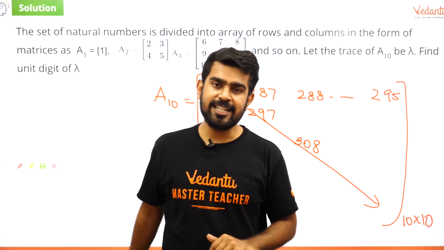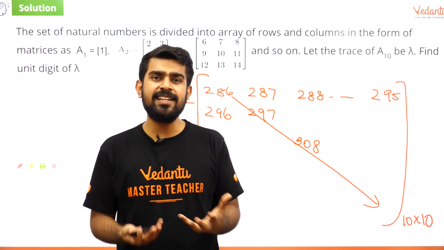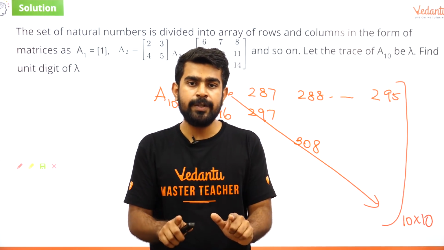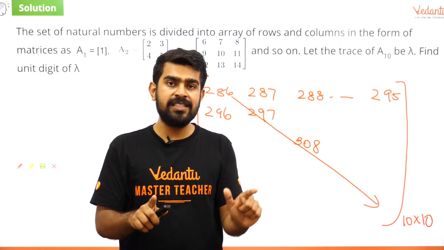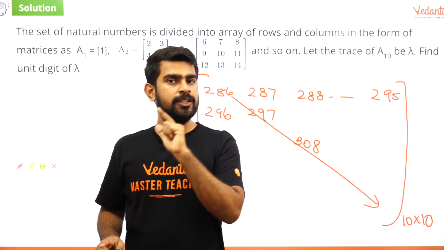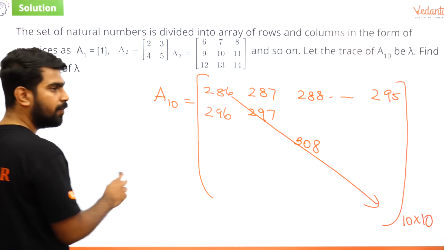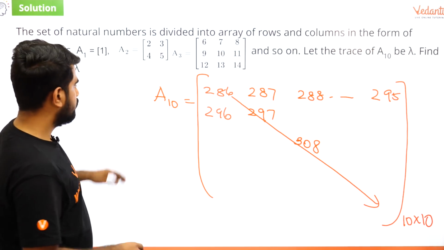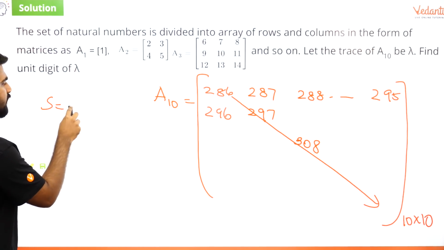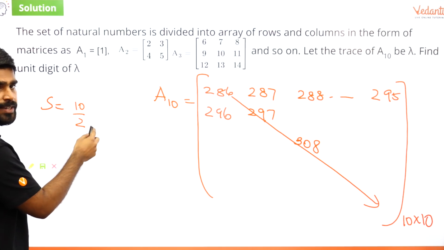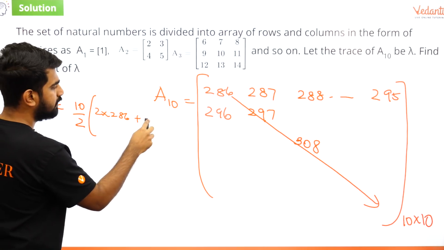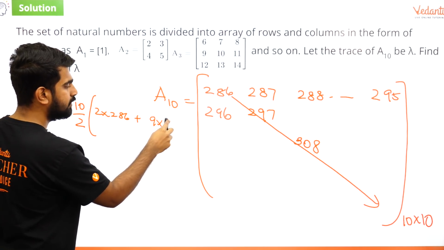That's it. Can I calculate the sum? Because sum is nothing but trace. I told you at the start of this question, trace is nothing but the sum of the elements in my main diagonal. So let us do that. What is the formula of an AP? Sum is going to be equal to 10 by 2, number of terms by 2, times 2 times 286 plus n minus 1, 9 times d, 11.